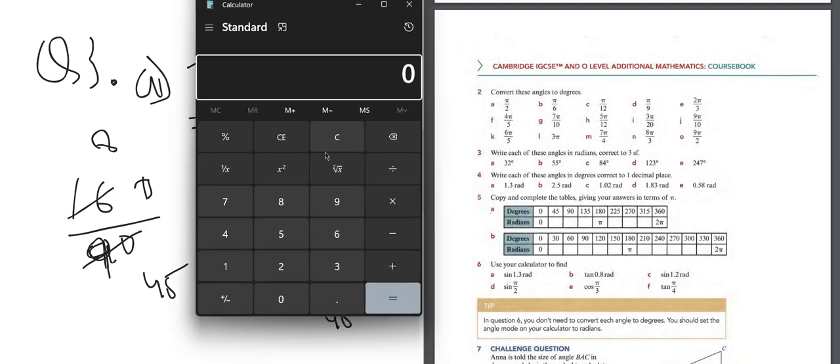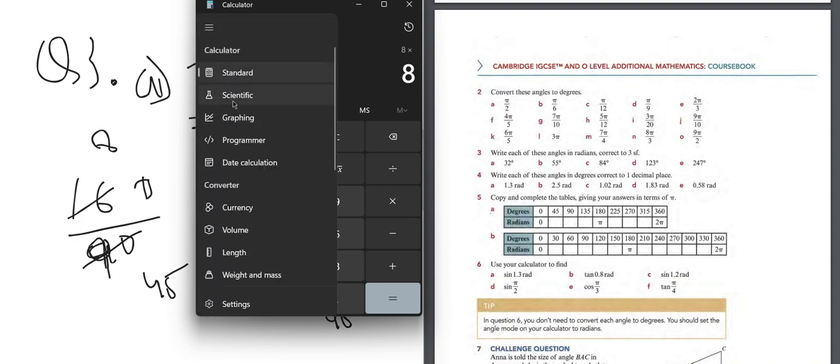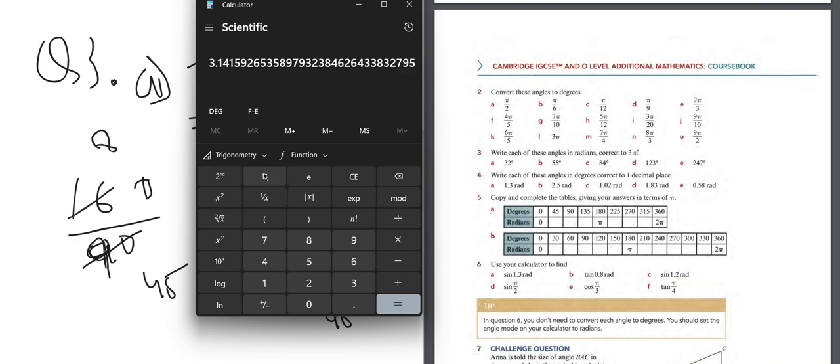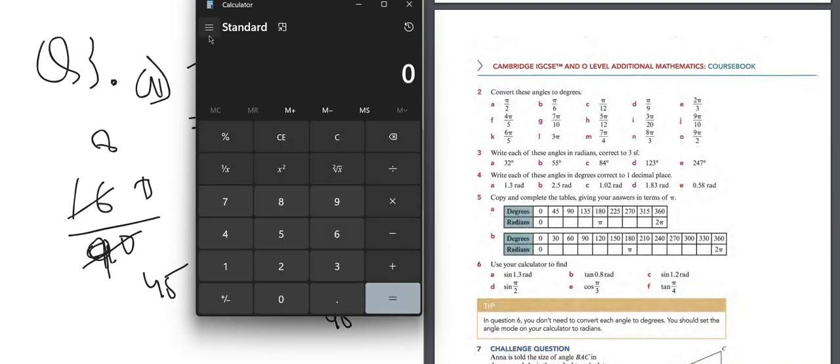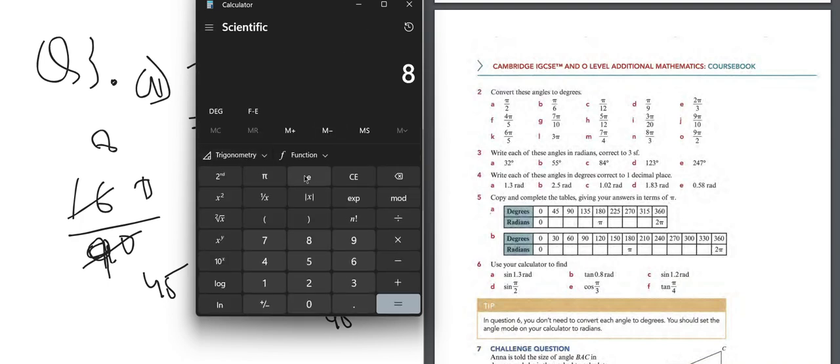8 pi by 45. 8 times we want pi here, right? So 8 times pi. 25.1327.